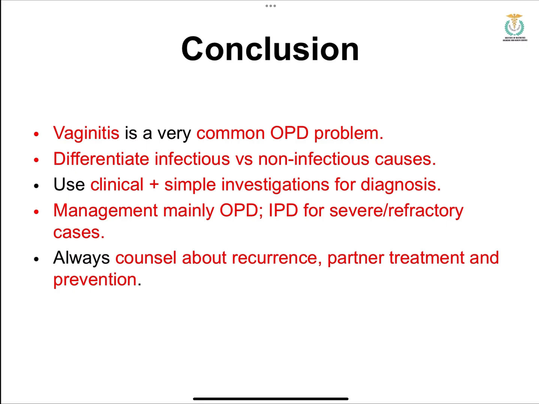By practicing these things, we can counsel the patient to prevent getting vaginitis again. These are the prevention points you have to tell the patient whenever the patient comes to the OPD.